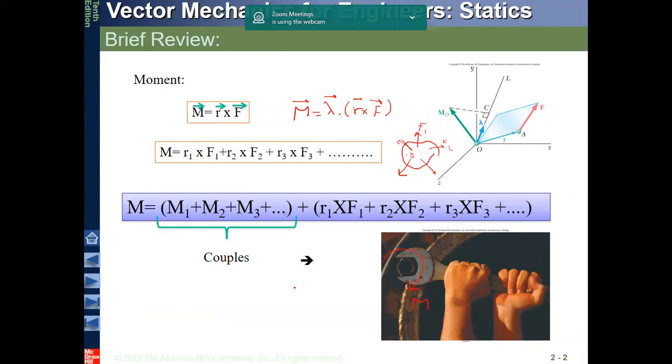And the reason is that if you consider the bolt, then this wrench is actually exerting two forces.